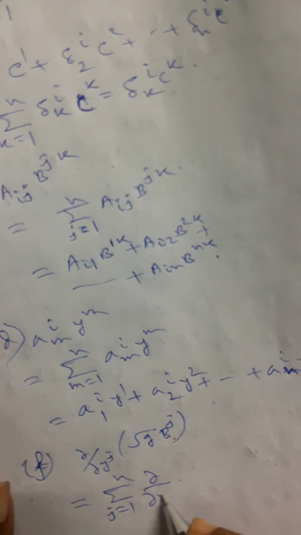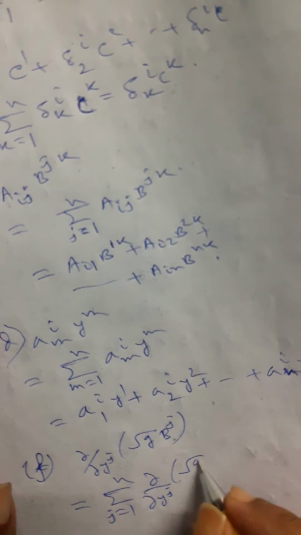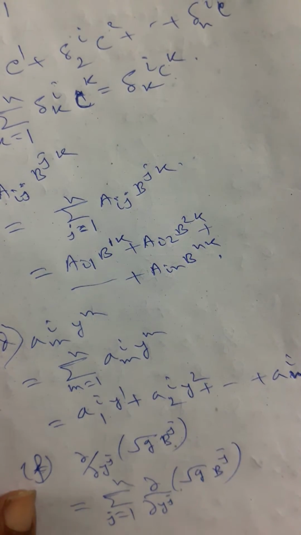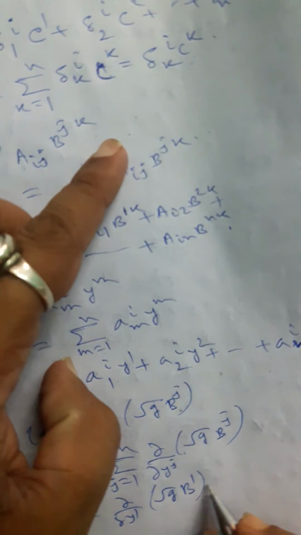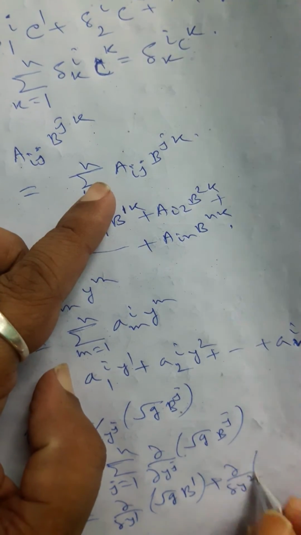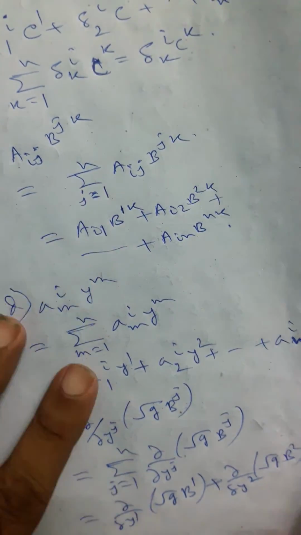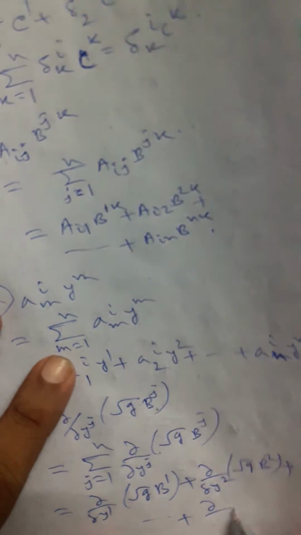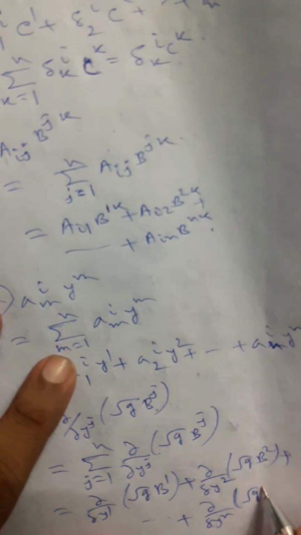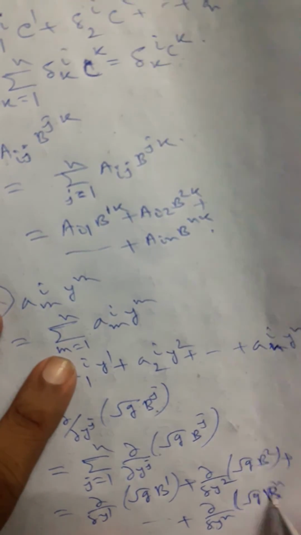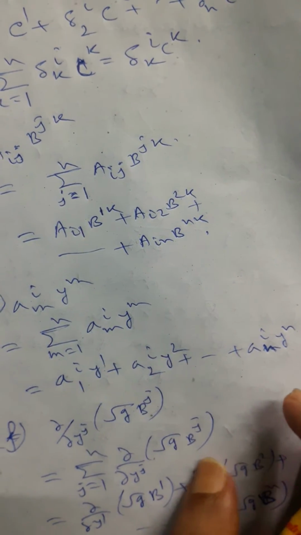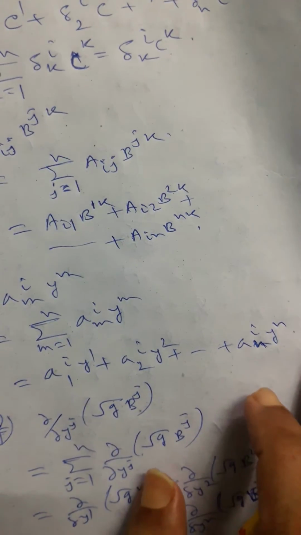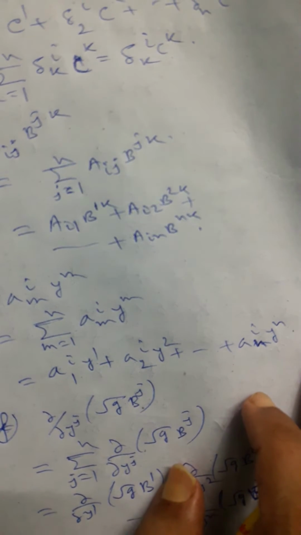So it will be del x / del y_1 root g b_1 plus del x / del y_2 root g b_2, etc. In this way, up to del x / del y_n root g b_n.